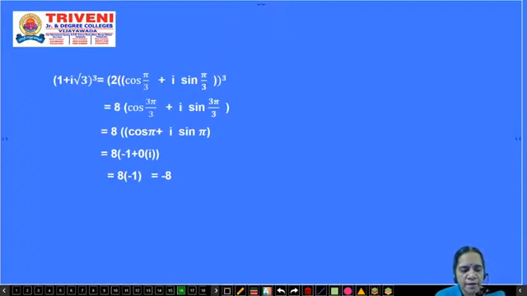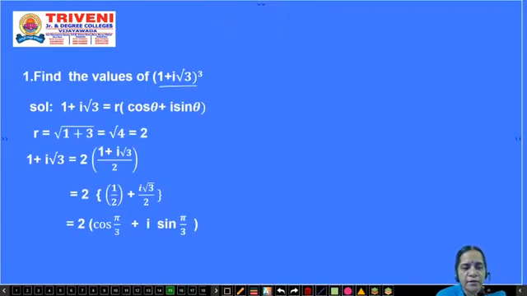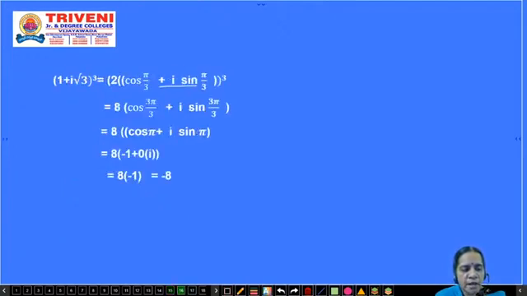What we have to find, in the problem they have given, is 1 plus i root 3 whole cube. Then cubing on both sides, 1 plus i root 3 whole cube is equal to 2 into cos pi by 3 plus i sin pi by 3 whole cube. That is here 2 cube, and cos pi by 3 plus i sin pi by 3 whole cube.